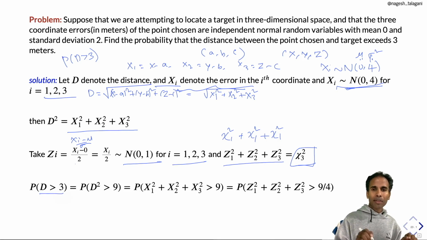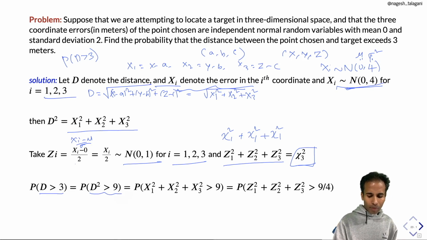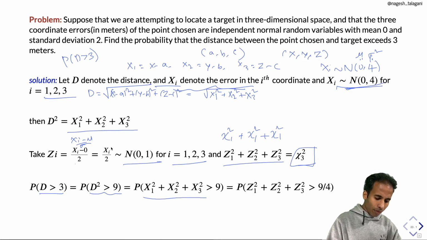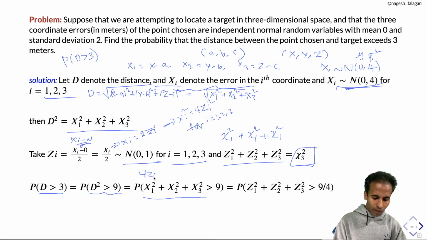D is bigger than 3 if and only if D square is bigger than 9. What is D square? x1 square plus x2 square plus x3 square. From this I can write xi equal to 2zi, right? That implies xi square is going to be 4zi square for i equal to 1, 2, 3. So this is going to be 4z1 square plus 4z2 square plus 4z3 square.